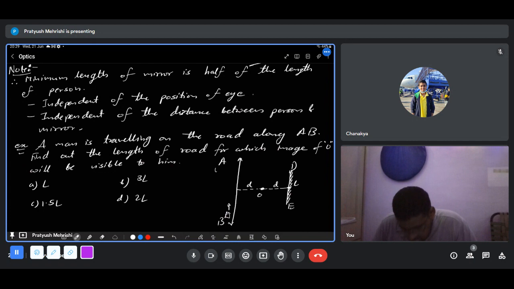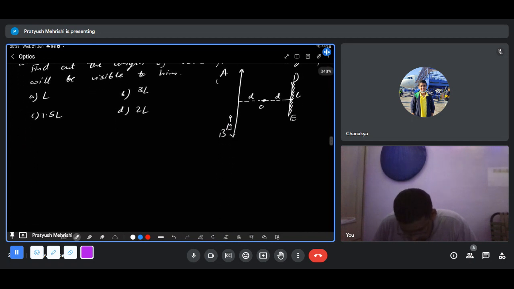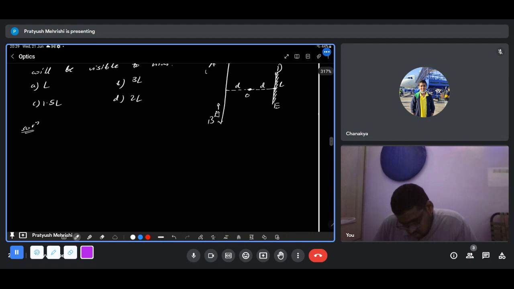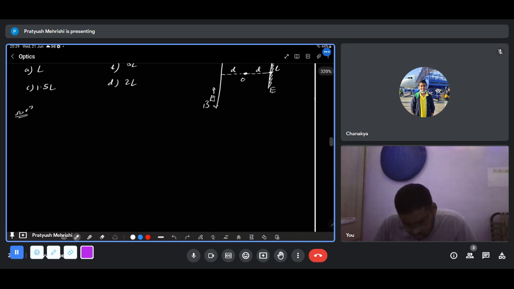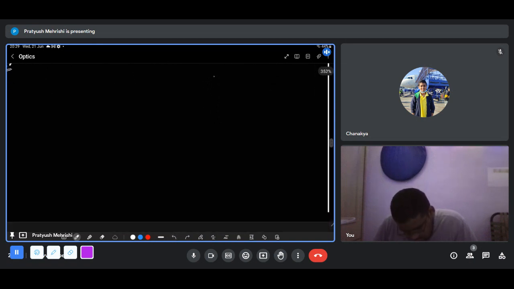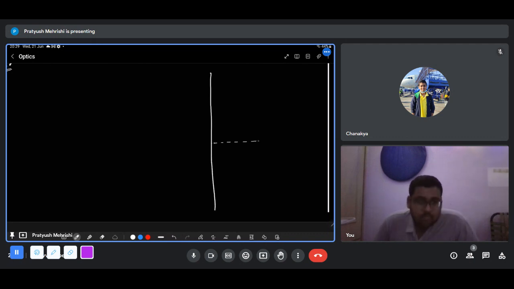See how to solve it. First of all, draw the image. This is the object, and this should be the image. How is this image forming?